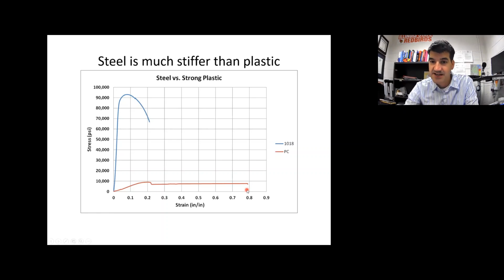So the elongation at failure for the polycarbonate was way over here at like 0.78 or 78% elongation at failure, whereas the 1018 steel was only maybe 0.22, 22% elongation at failure.